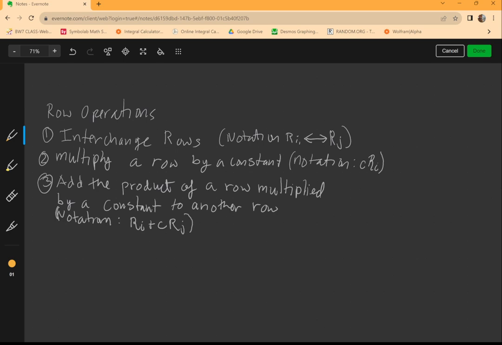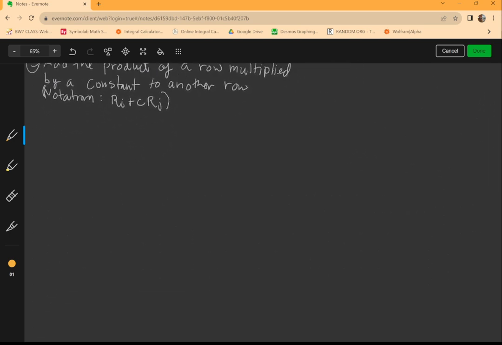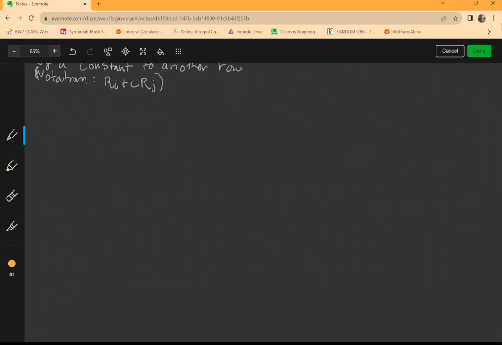Okay, so let's take a look here, for example, let's say we had an augmented matrix. 1, 2, 3, 4, then -2, 4, -3, -1.